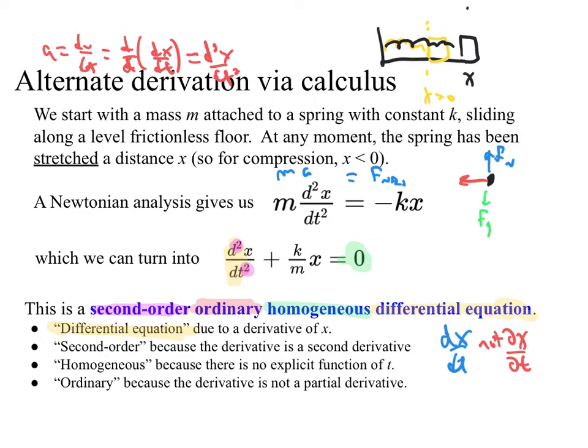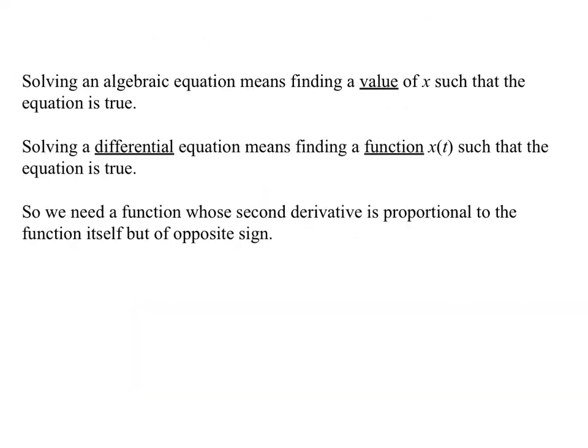This is not the simplest kind of differential equation, but it's pretty close to it. It's eminently within our ability to do. We need to find a function whose second derivative is proportional but opposite to the function itself. Matched to the idea of a differential equation would be an ordinary algebraic equation, something like x squared plus 3x equals 0.